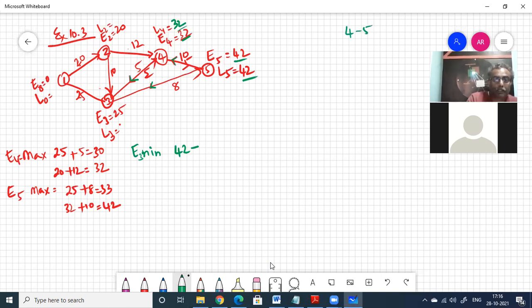And next, let us see. From this 32, you minus 5, 27. This is a minimum of 2. Then from 42 minus 8, 34. So this is minimum. So L3 is equal to 27.